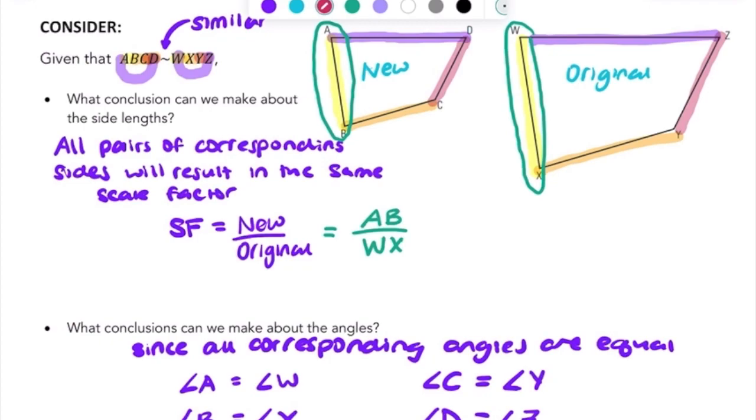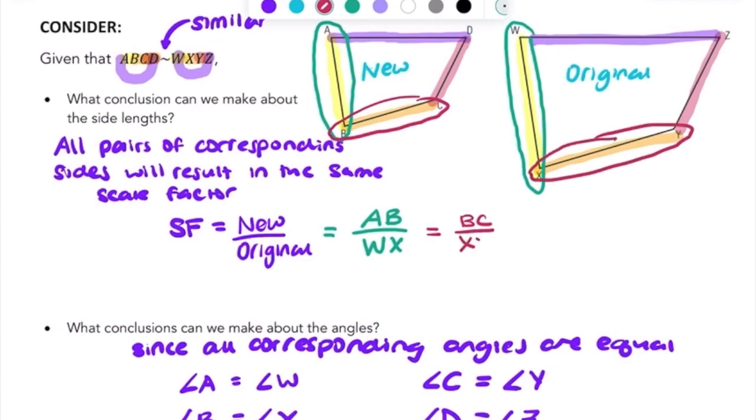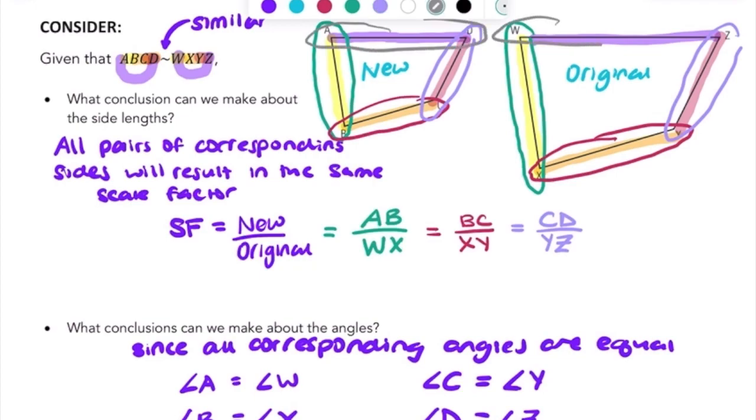So whatever number AB is divided by whatever number WX will give me the exact same fraction of whatever number BC is, as long as I divide it by whatever number XY is, because that's how I would find the scale factors, and they are going to be the same for every single pair of corresponding sides. So CD over YZ will give me the same scale factor here, and the last one as well.